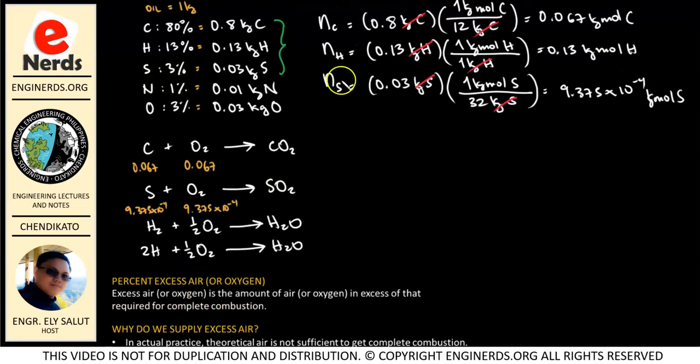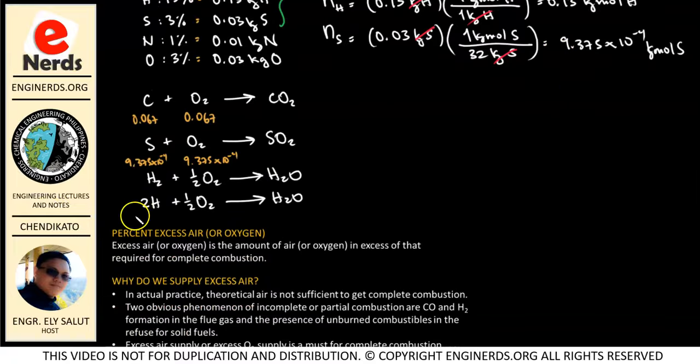Let me use the number of moles of hydrogen here, 0.13 kilogram mole of hydrogen. In order to get the kilogram mole of O2, we have to calculate it.